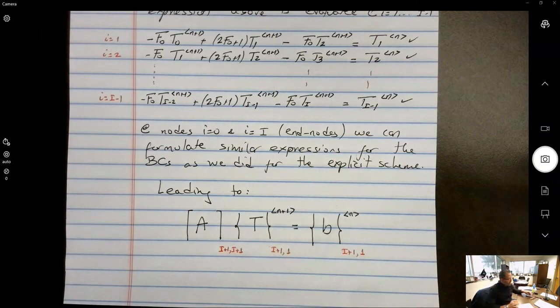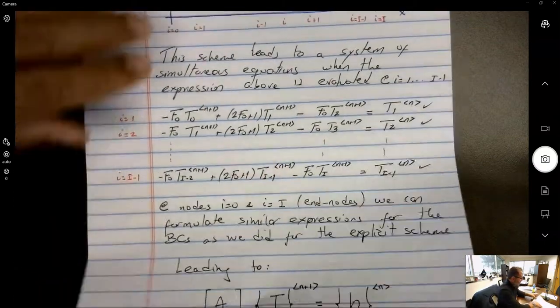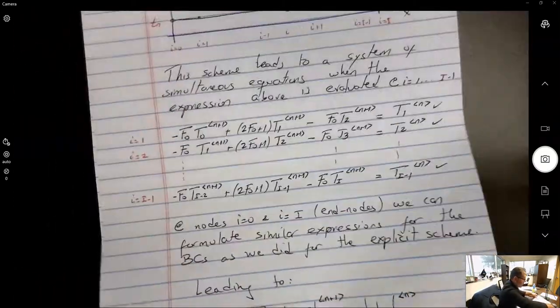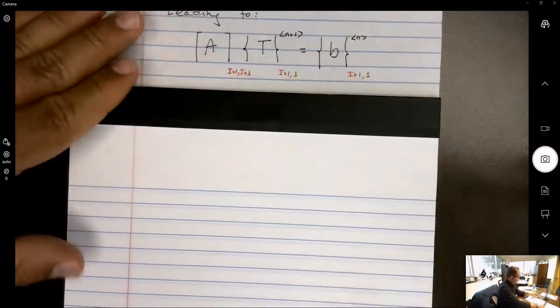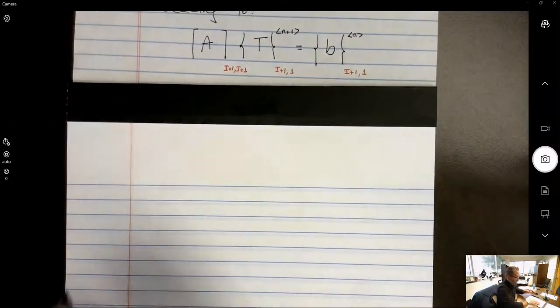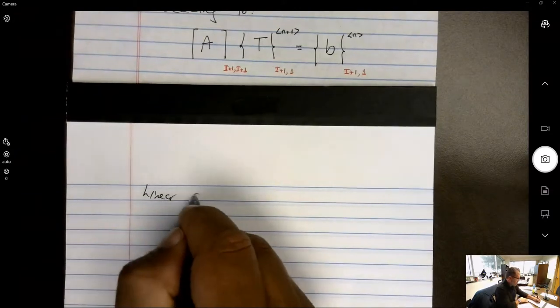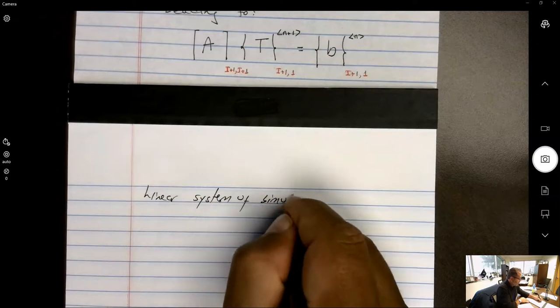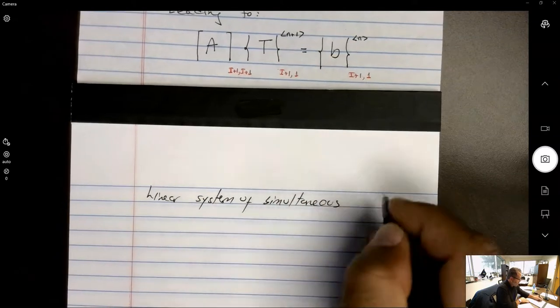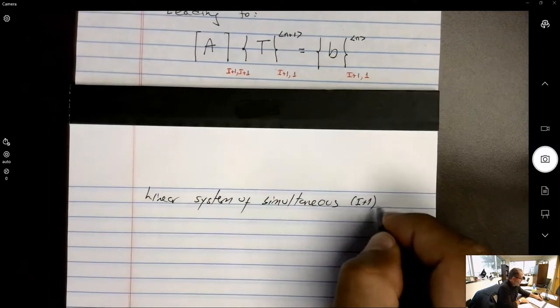So this is a linear system of equations. This is a linear system of simultaneous I plus 1 equations.